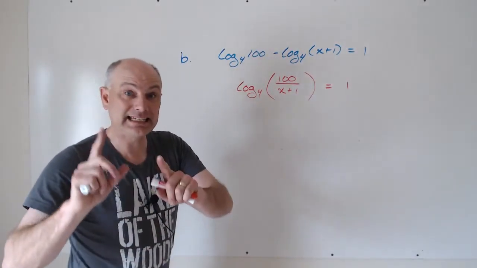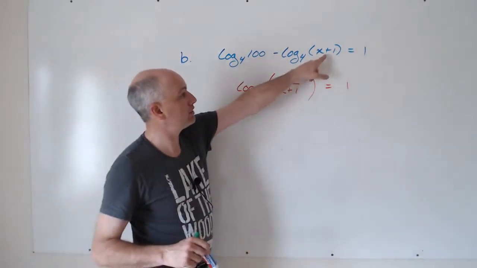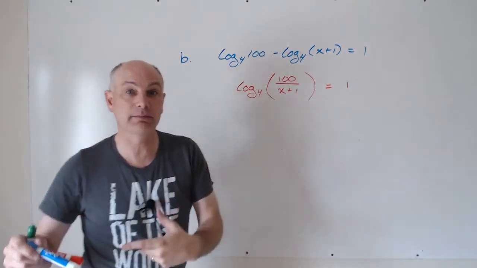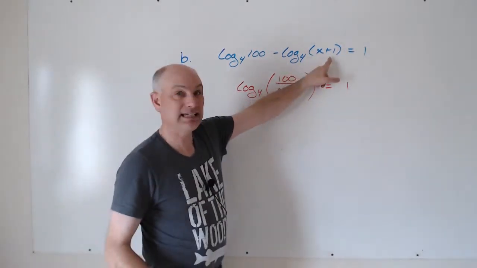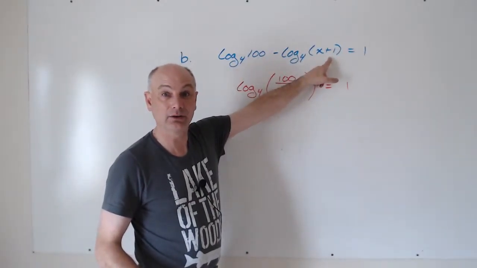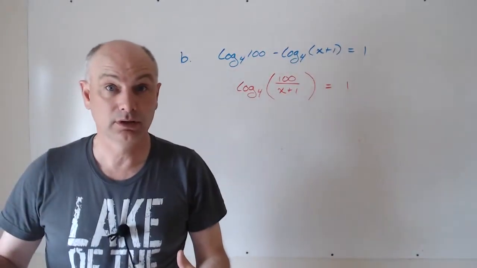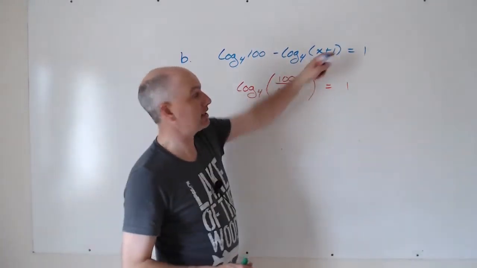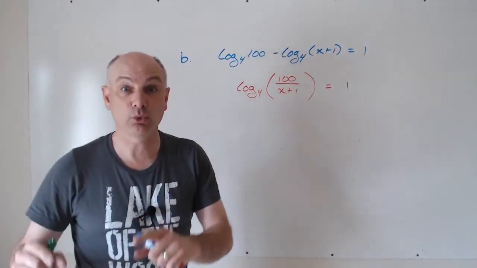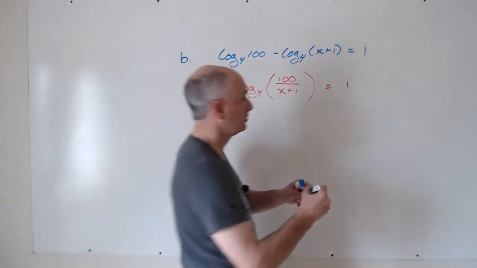Now, I can state that restriction even before I start, because when I take a logarithm of a number, I can't take a logarithm of a negative value. So we don't just have to say that x plus 1 is not equal to 0. We have to look at it and say x plus 1 has to be greater than 0.